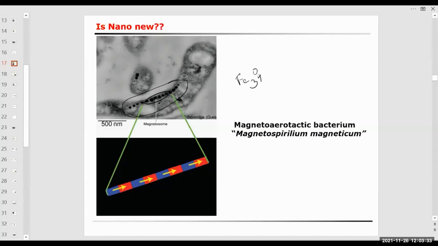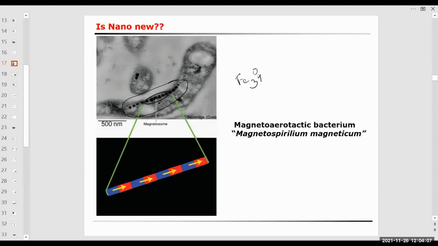And these small spherical magnets are acting like a bar magnet, helping the bacterium align with the Earth's magnetic field, and trying to tell the bacterium, which requires oxygen as its food, where the oxygen concentration is more on this planet. In one of the poles, North Pole or South Pole, I don't exactly remember, the oxygen concentration is more.